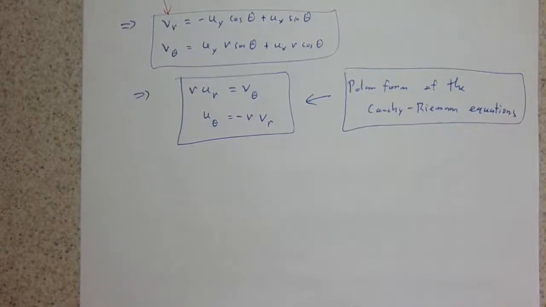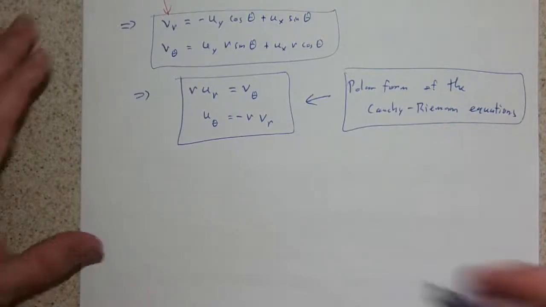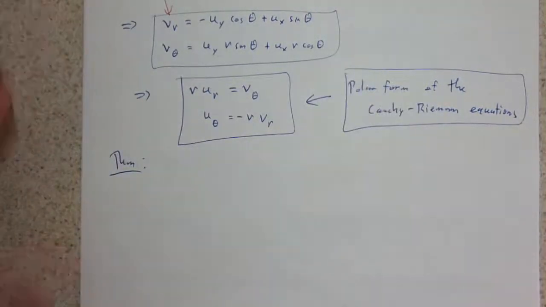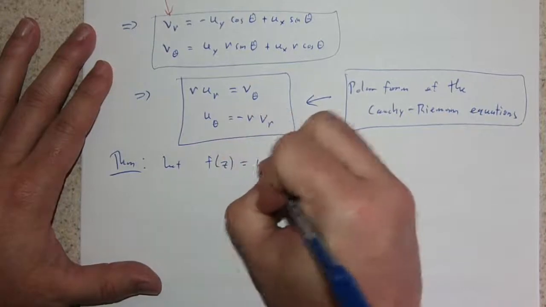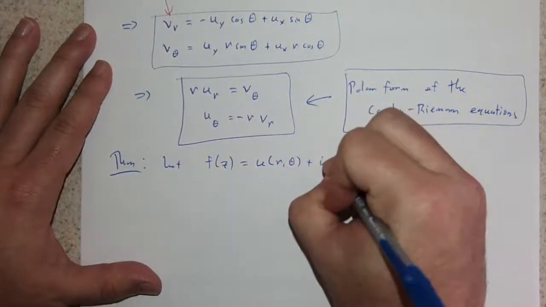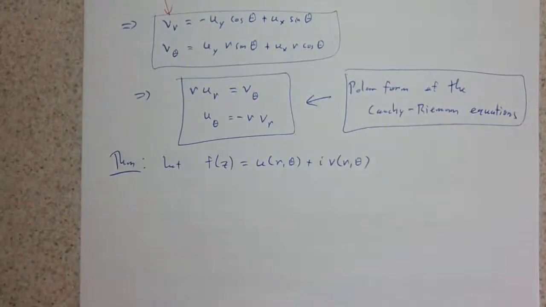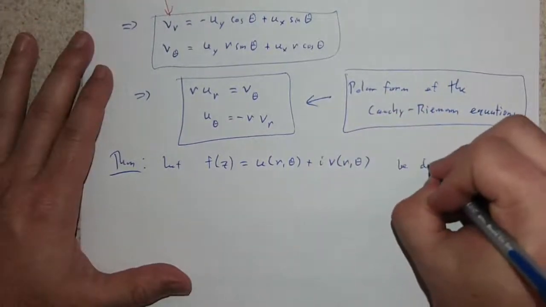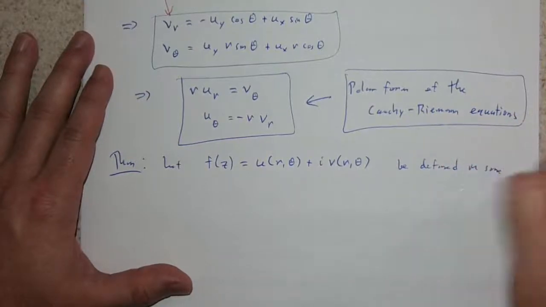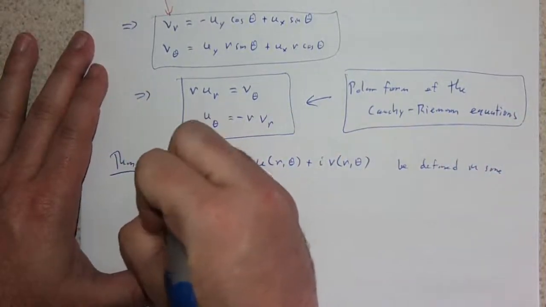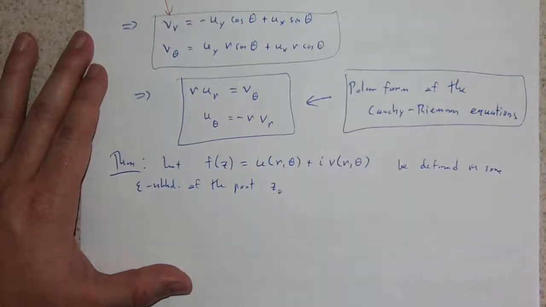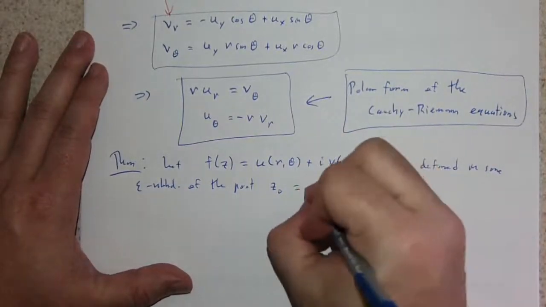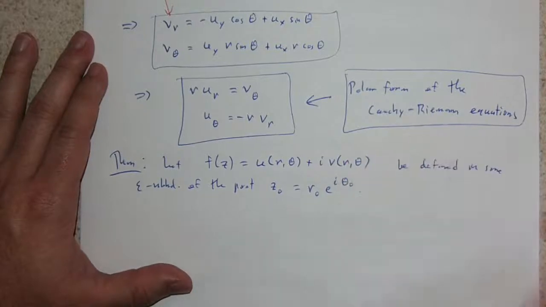Okay, and so we put this together to get the following theorem, which gives us an analog of the theorem we just showed for rectangular coordinates in terms of polar coordinates instead. So let f of z be in polar form, so it's u of r theta plus i times v of r theta. Let this be defined in some epsilon neighborhood of the point z naught, which I am thinking of as r naught e to the i theta naught.